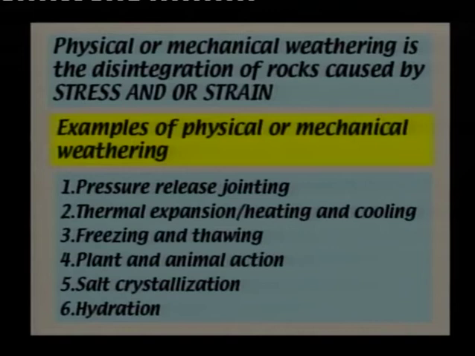Therefore, they can also be classified as physical or mechanical weathering. We also have number 5, salt crystallization, and number 6, hydration, which we are going to look at in detail in grade 12. For now, we will concentrate only on 1, 2, 3, and 4, the four examples under physical or mechanical weathering.